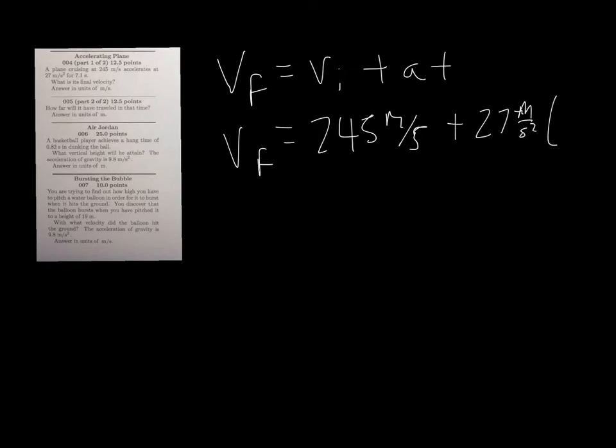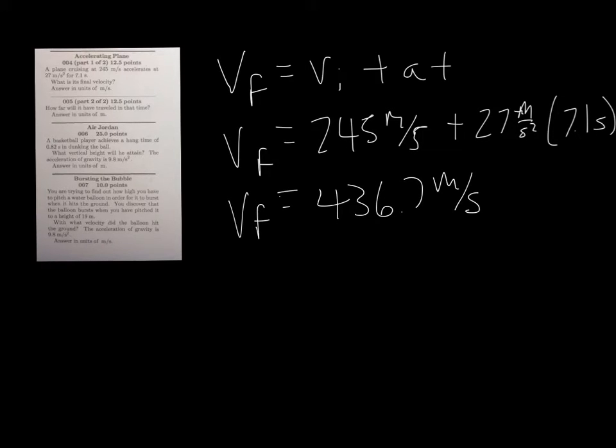And the time it did that for was 7.1 seconds. So when you go ahead and solve for that final velocity, and we'll put those in your calculator, you should come out to 436.7 meters per second. Remember, it's a final velocity, it needs to be meters per second.